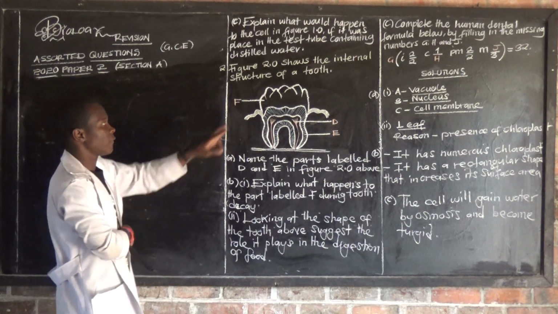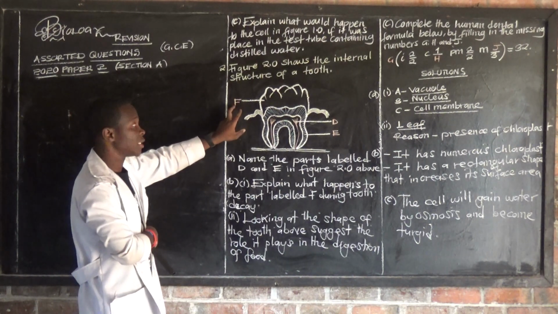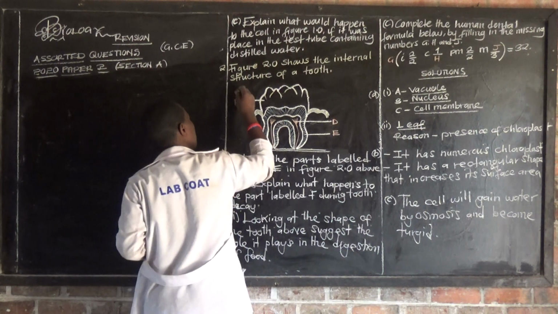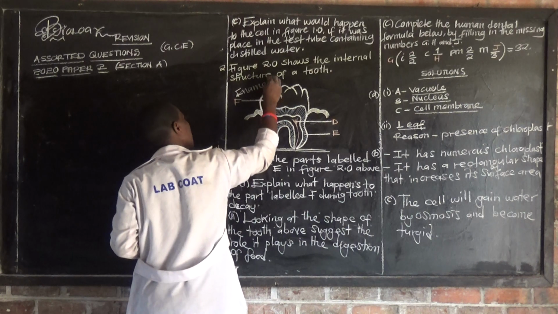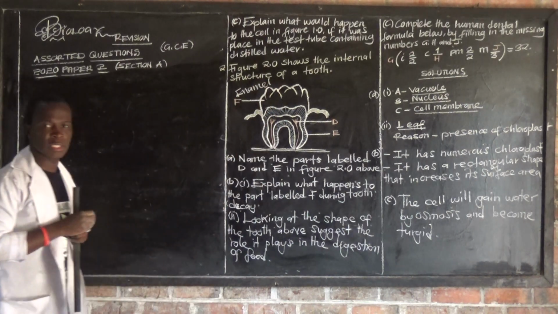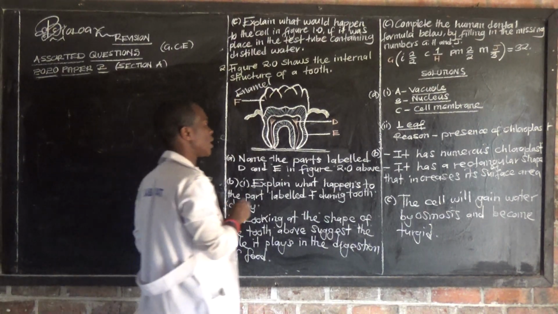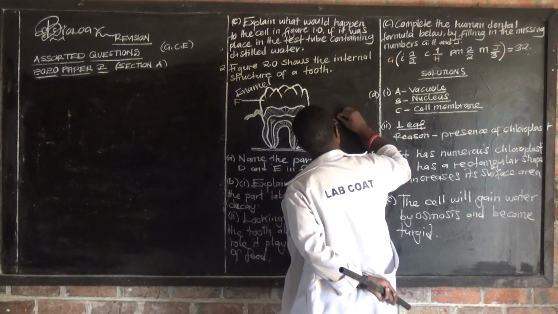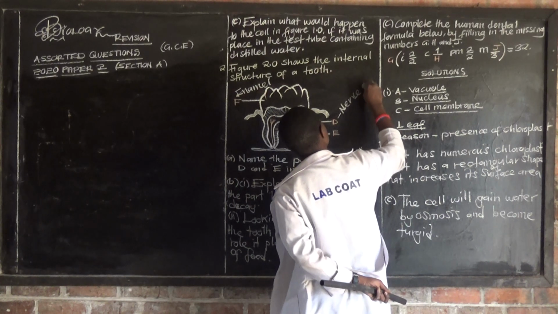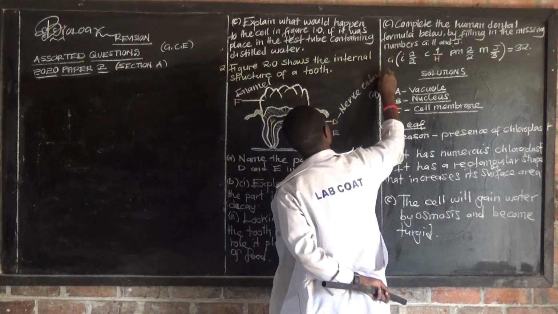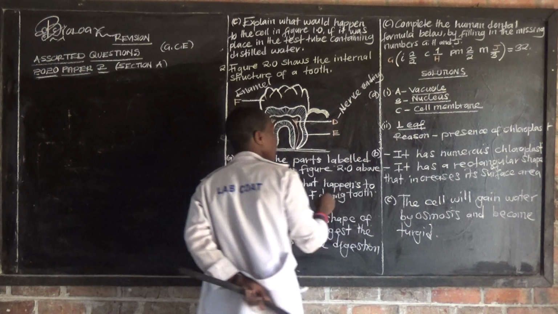So you know F, this is our enamel, right? Then what is D? This is what we call the nerve ending, right? Just the nerve.